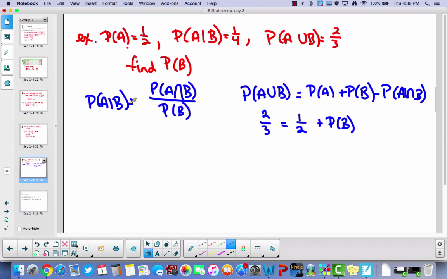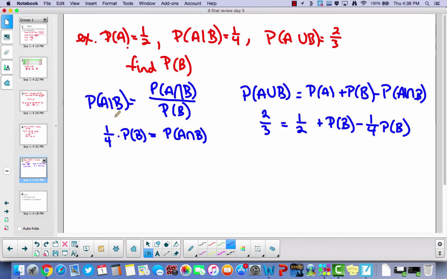We know that the probability of A given B is 1/4. And I could multiply both sides by the probability of B. And that's the probability of A and B. So this is 1/4 the probability of B.